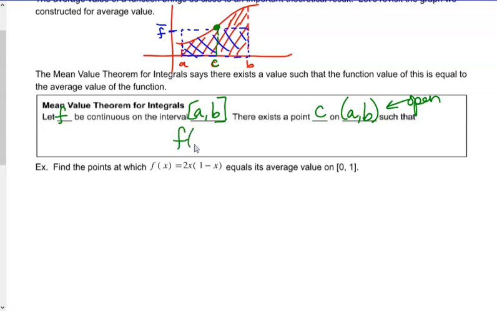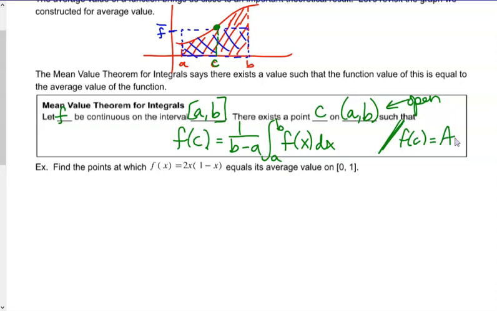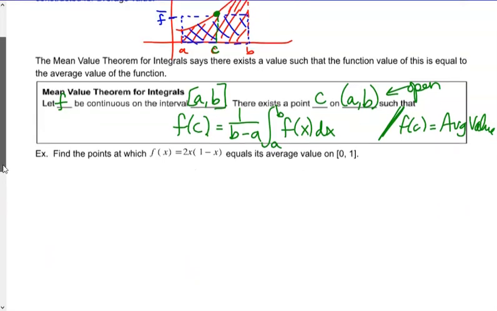Such that f of c is equal to the average value, which is 1 over b minus a times the integral from a to b of f of x dx. So over here, you may want to think of it as f of c equals the average value. The difference here is you're not just finding the average value, you're solving the equation to find the x value that makes that true. So let's do that by example.